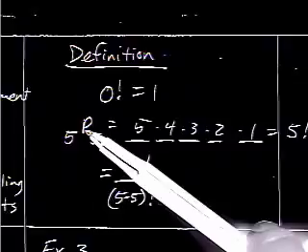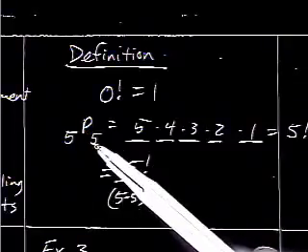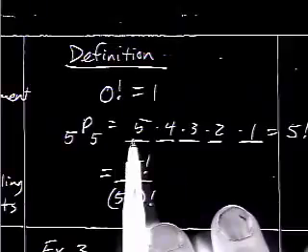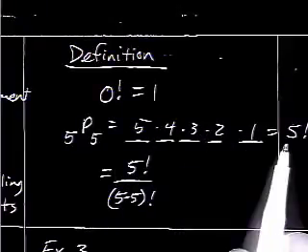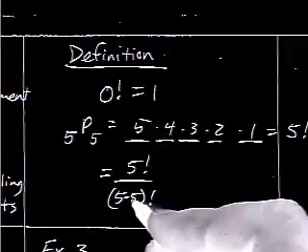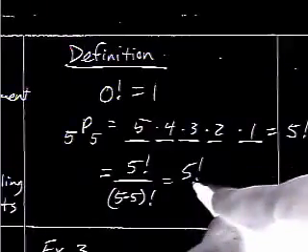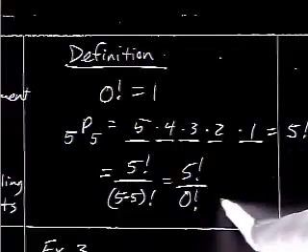5 permutations choosing with 5 slots to fill. So 5 objects and 5 slots to fill. That would be 5 slots to fill, 5 times 4 times 3 times 2 times 1. Oh, look, 5 factorial. But by definition, this is 5 factorial over 5 minus 5 factorial, which is 5 factorial over 0 factorial.